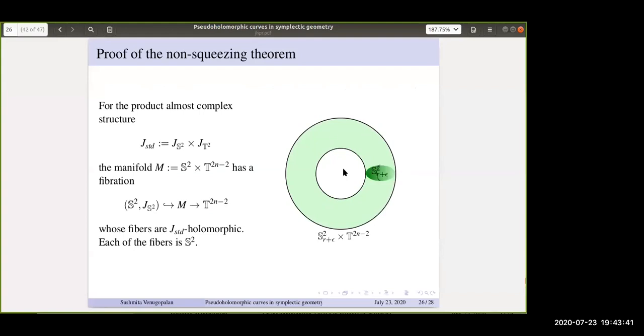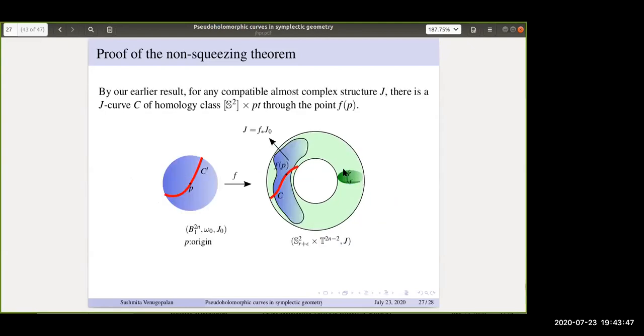Instead of the standard J, I'm going to take a non-standard J and use the fibration that I get. So now I'm going to take a new J, which is very non-standard. What that J is: the blue ball over here, the 2n-dimensional unit ball, comes with the standard almost complex structure.